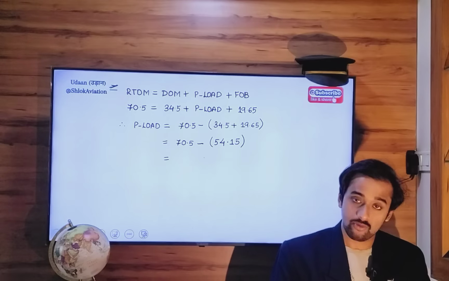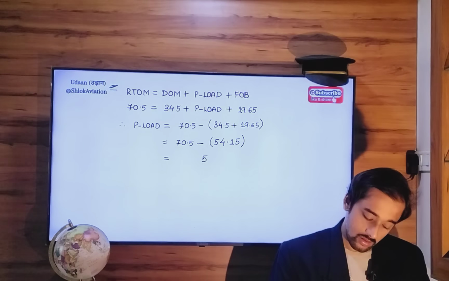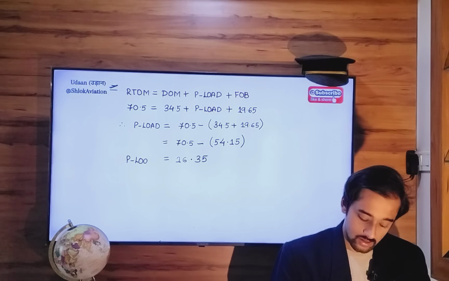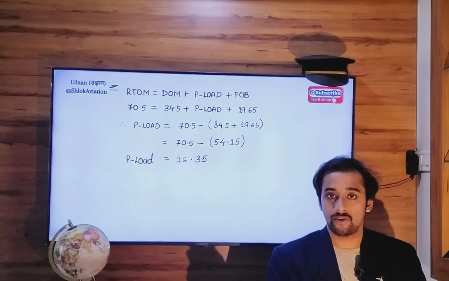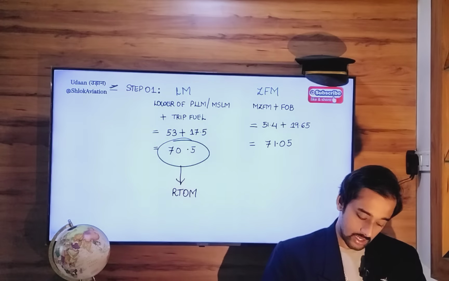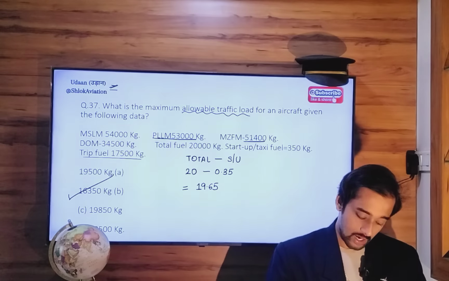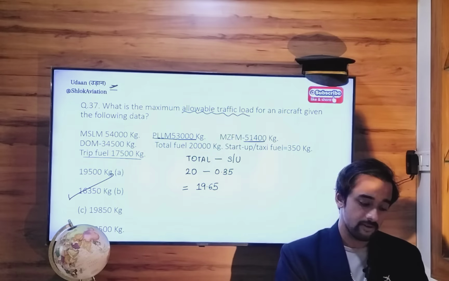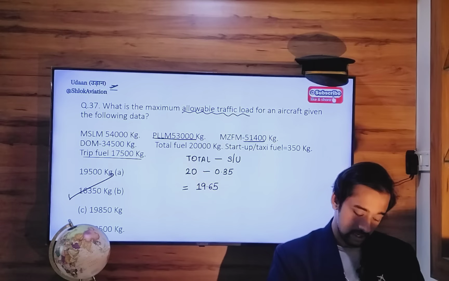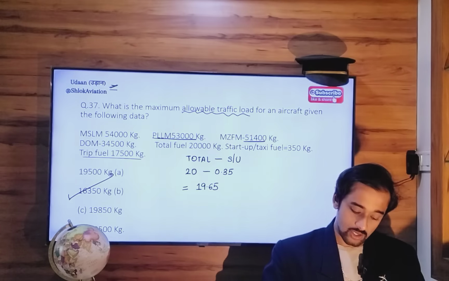So that will be equal to 16.35, that is 16,350 kg. So the correct option here will be option Bravo, 16,350 kg. Okay, 37 is Bravo. Let's go to question 38.